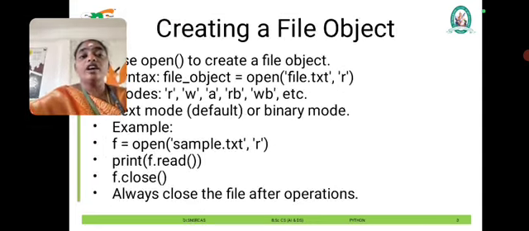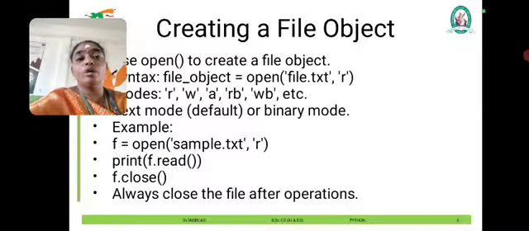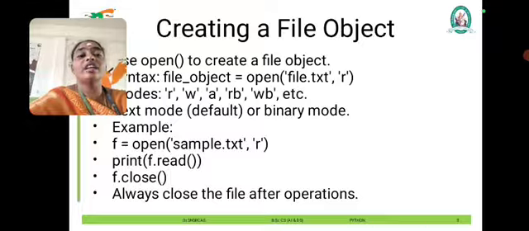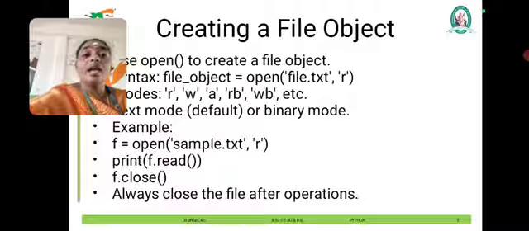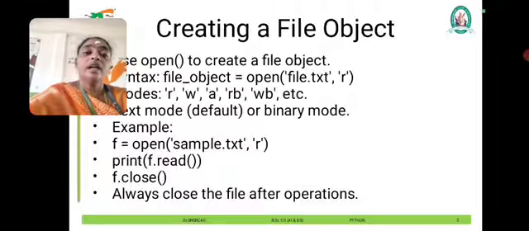Creating a file object is done with the help of open. The syntax is file object = open('file.txt', 'r'). Different modes are available: r, w, r+, w+, rb, wb, a+, ab+, and many other types of mode.